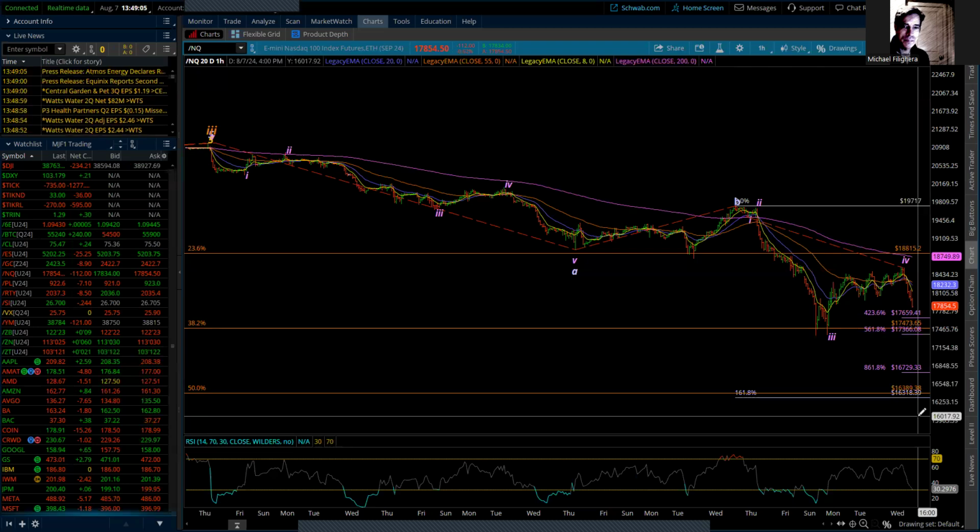But then again, I think what's been good is that we have stayed connected to the original that it was a minor 4. And I'm going to hold on to that until the market tells me we just blew it out, similar to what they did when they blew out that primary B wave.